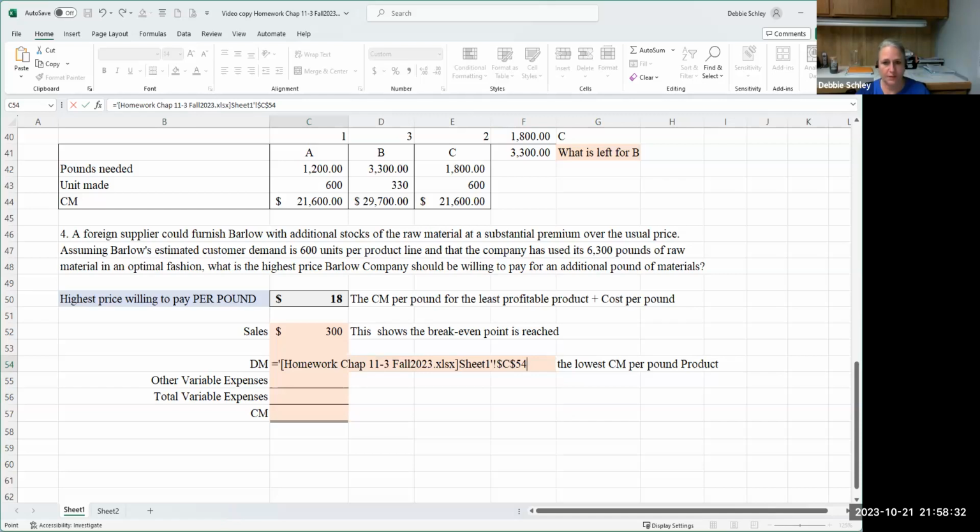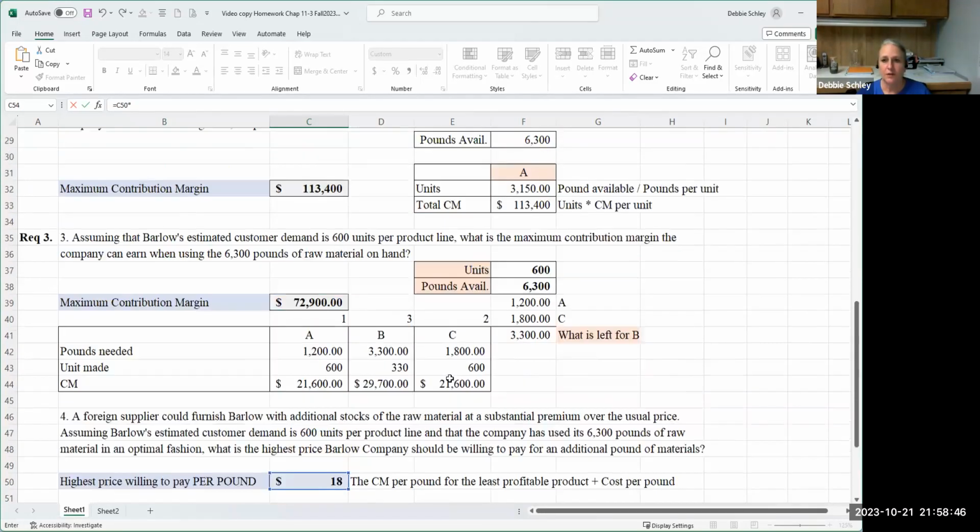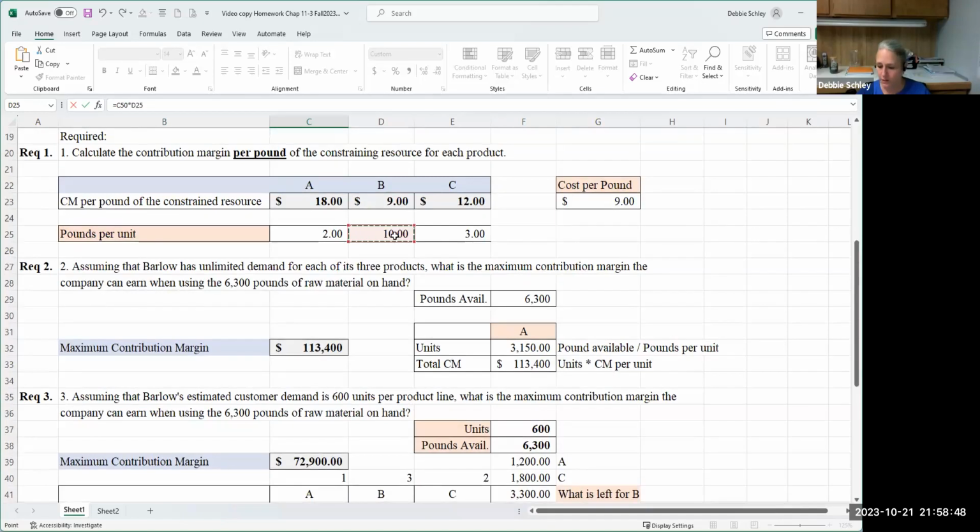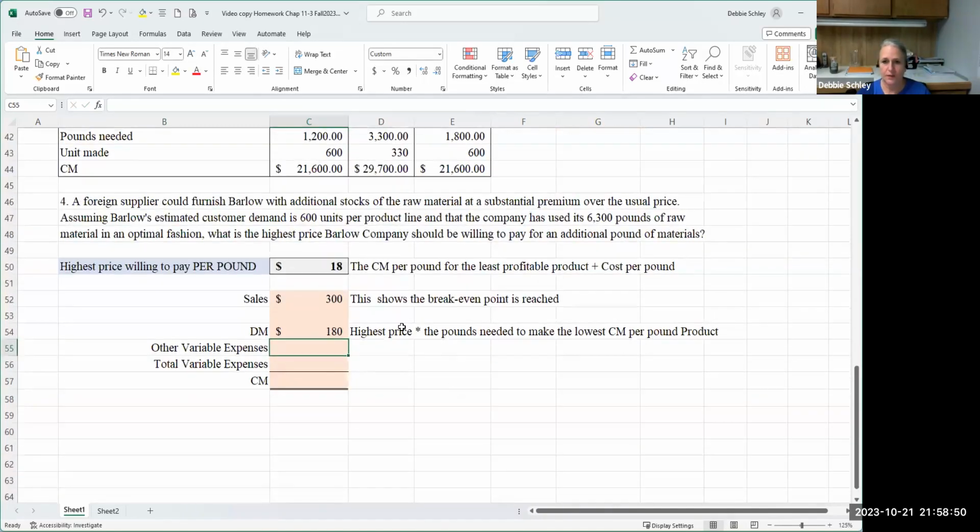Oh, because I'm doing per unit. Oh, holy cow, that's not what I want. Okay, so it equals the highest price per pound times the pounds needed to make 1 unit, because I'm just figuring this out for 1 unit.